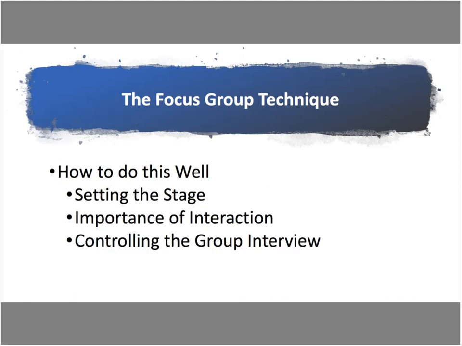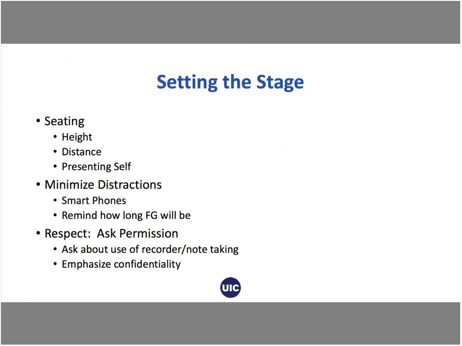Second is really understanding how people interact in a group and how to facilitate that group interaction towards the production of high quality data. And last is, while you want to be flexible and you want people to be comfortable and provide as natural a setting as possible, you also want to control. This is kind of like a group interview, and you want to control it to go in the direction that suits your research.